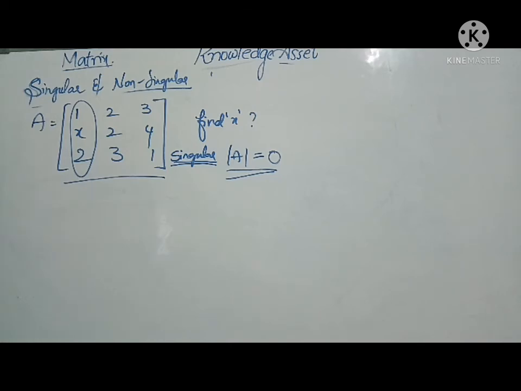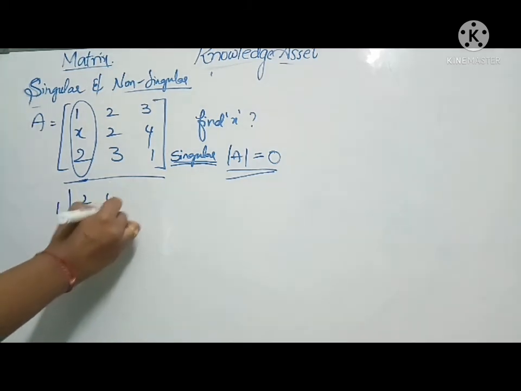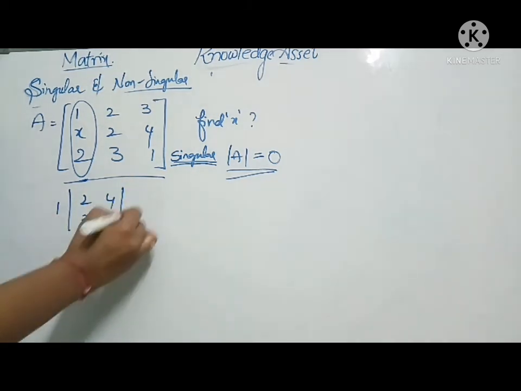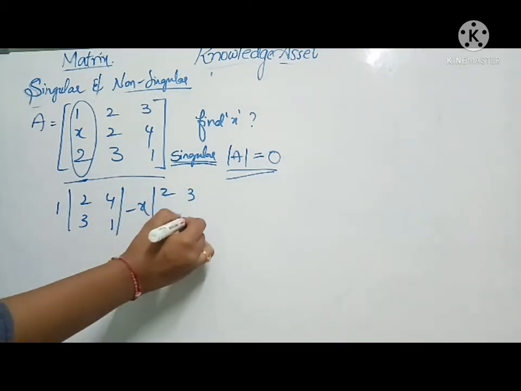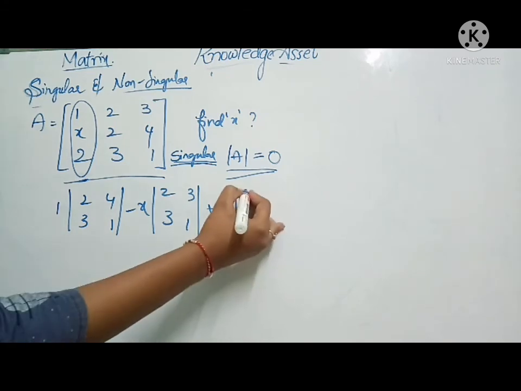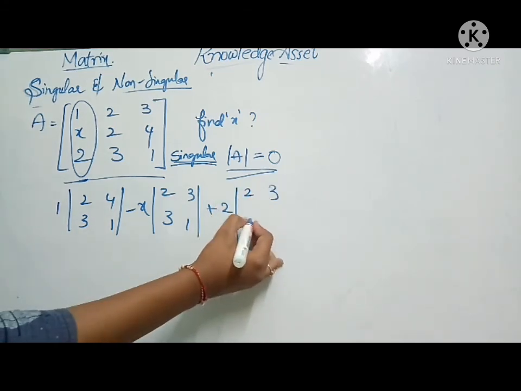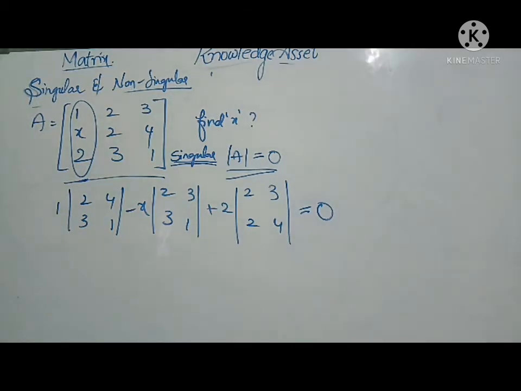Now expanding with C1, we get 1 into [2, 4; 3, 1] minus x of [2, 3; 3, 1] plus 2 into [2, 3; 2, 4], equal to 0. The determinant must be equal to 0.